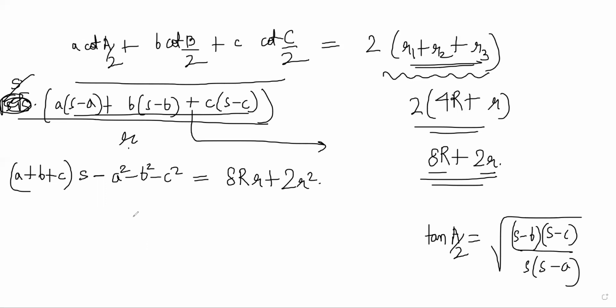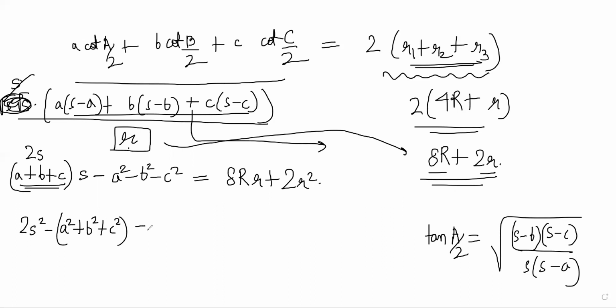Here a plus b plus c is 2s, so this is 2s square minus (a square plus b square plus c square).